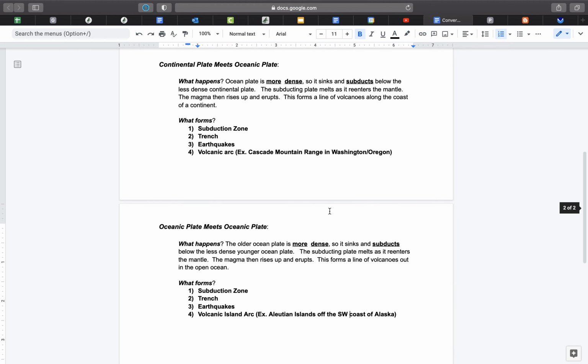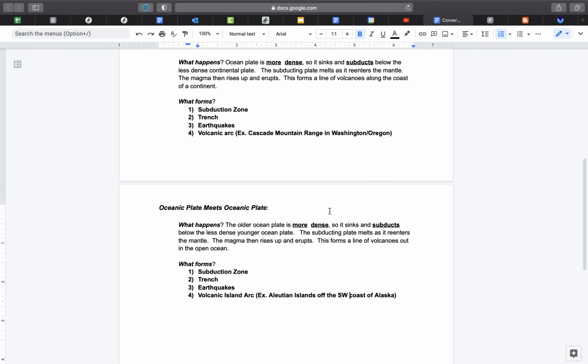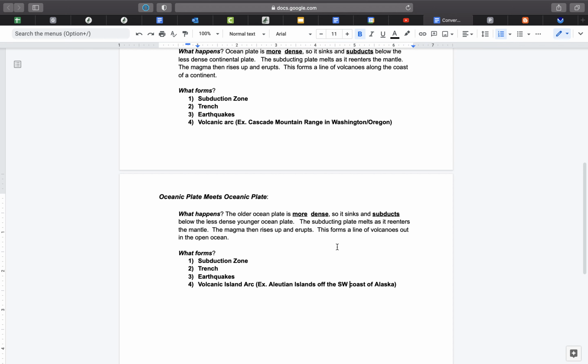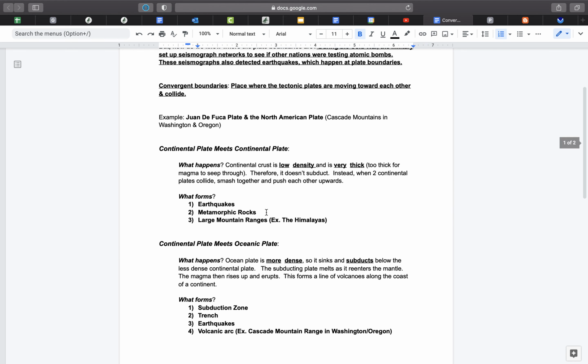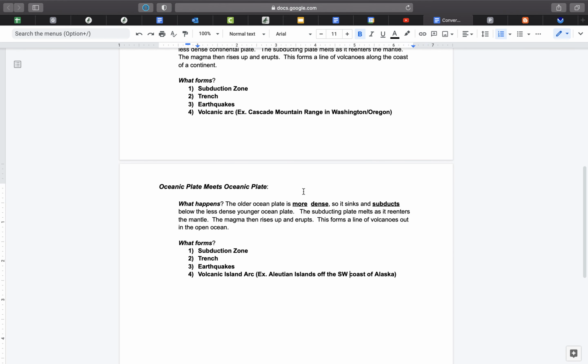The third type of convergent plate boundary that I'm going to go over with you today is when one oceanic plate meets another oceanic plate. Now remember before when I said oceanic plates are thinner and they're also more dense, so they ride lower on the asthenosphere. And you might be making a prediction here that if two oceanic plates meet together, just like when two continental plates meet together, maybe the same thing happens.